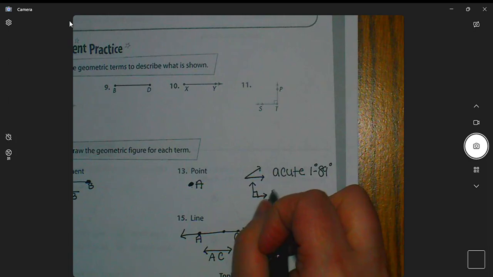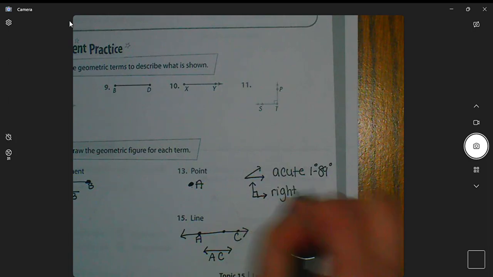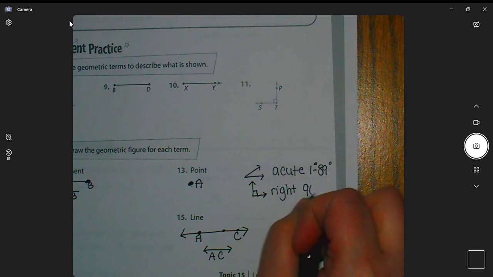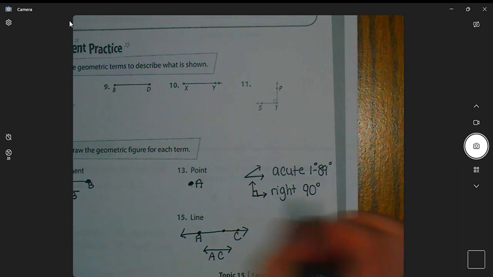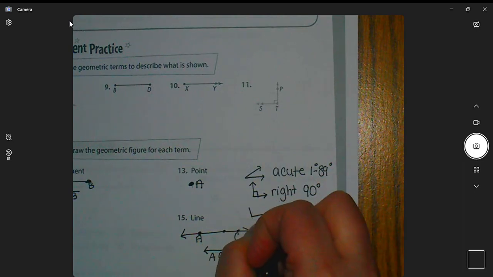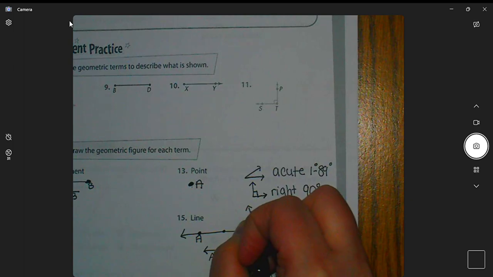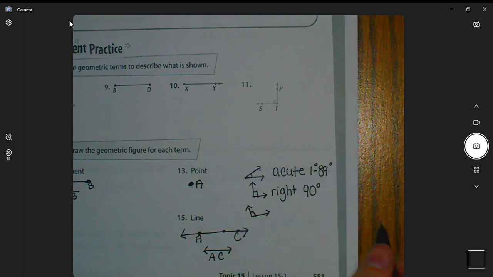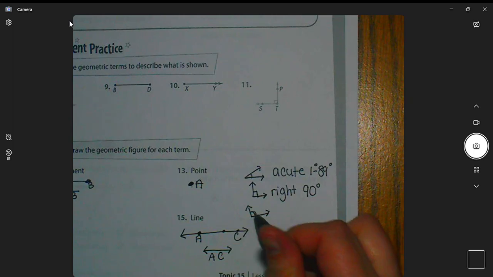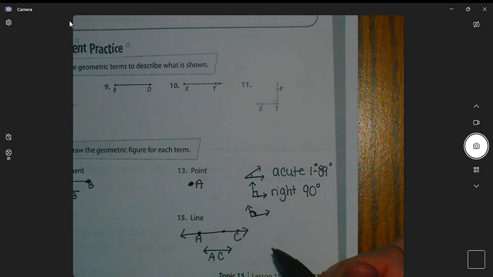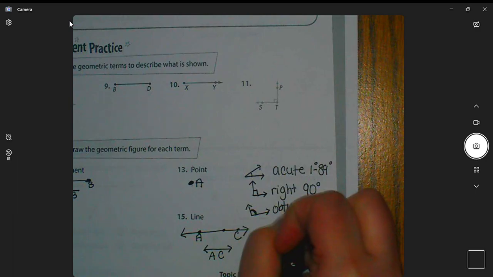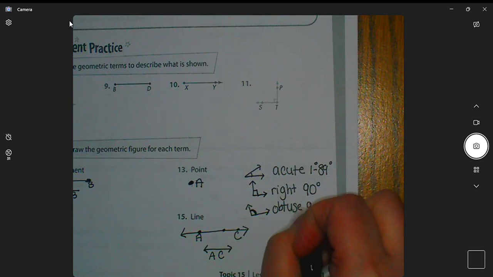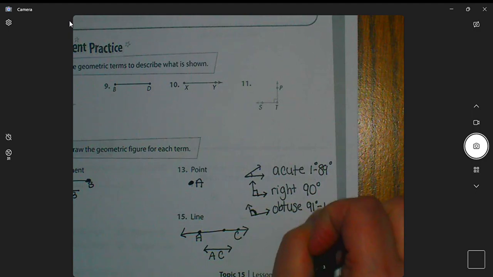So right angles measure 90 degrees exact. I also have obtuse angles. And obtuse angles are big angles. So sometimes you'll see a really big curve right here to show that this is a big angle. And obtuse angles measure anywhere from 91 degrees to 179 degrees.